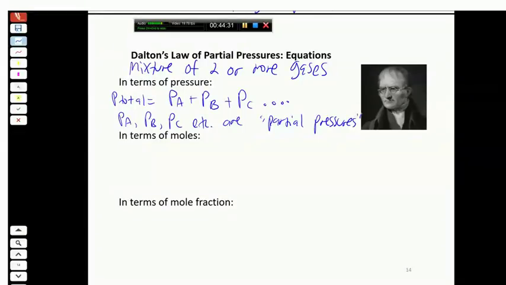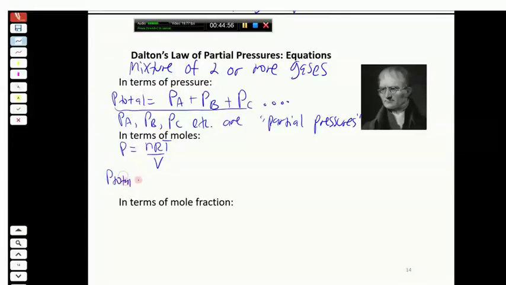Now in many cases we don't know the individual pressures of the gases, but there's a relationship we can derive that involves the moles of each gas that are present. So again, using our favorite equation, the ideal gas equation, or at least one of our favorites, hopefully, we can say that the pressure is equal to nRT over V. And so that means we can rewrite this form of Dalton's Law in terms of number of moles.